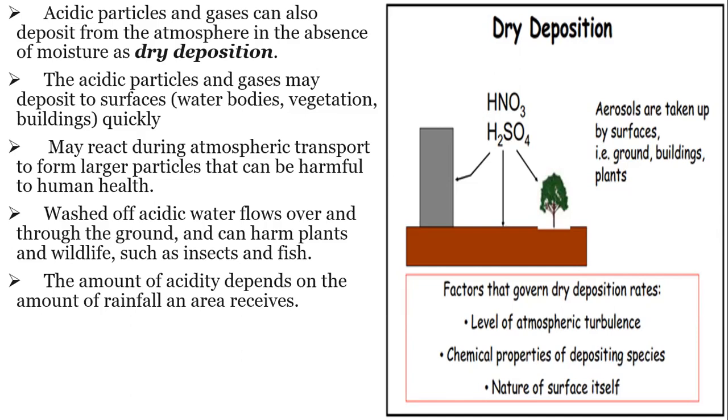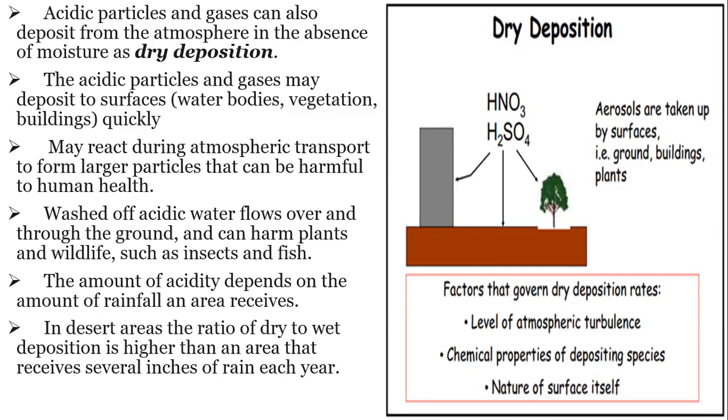The amount of acidity that deposits to earth through dry deposition depends on the amount of rainfall the area receives. For example, in desert areas, the ratio of dry to wet deposition is higher than in areas that receive several inches of rain each year.